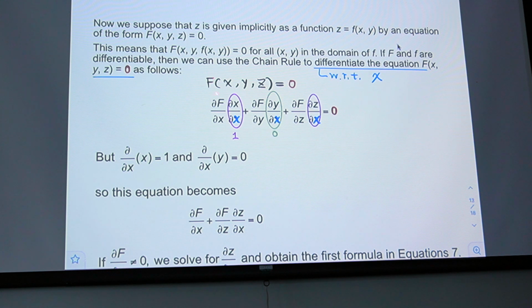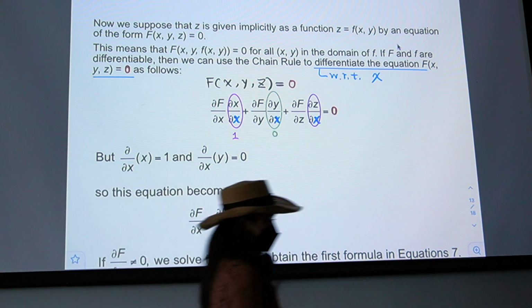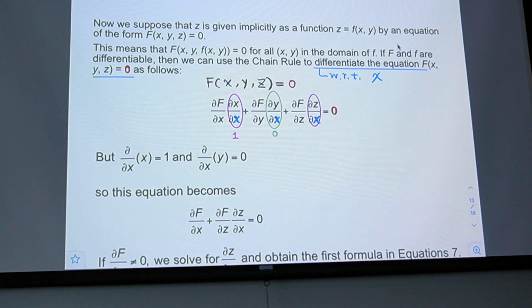Partial F, partial x times partial x, partial x, plus partial F, partial y times partial y, partial x, plus partial F, partial z times partial z, partial x. So we add this.